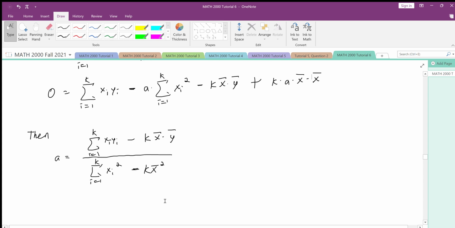So your a looks like this, and from before, b is like this.